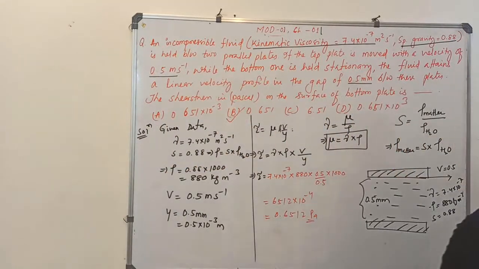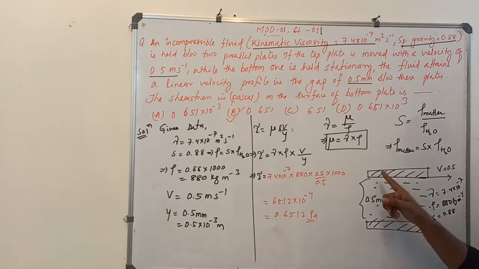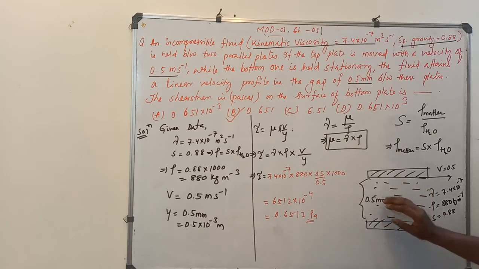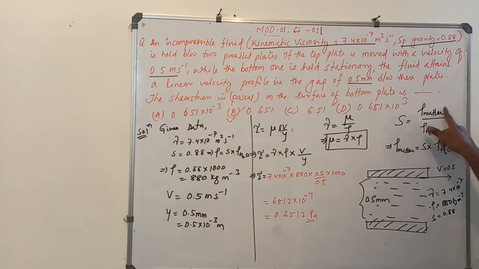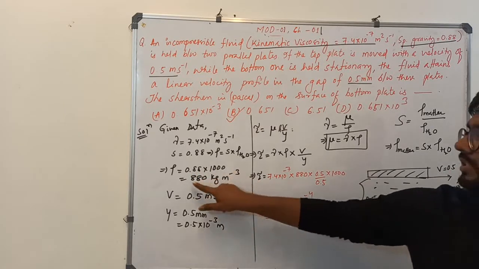Did you understand the problem? What have we done? We have a moving plate and a stationary plate, and the distance between them is 0.5 mm. This is filled with some lubricant liquid. The kinematic viscosity of the liquid is given, as is the specific gravity. We know specific gravity is density of matter by density of water, so density of matter is specific gravity into density of water, hence 0.88 into 1000 is 880.